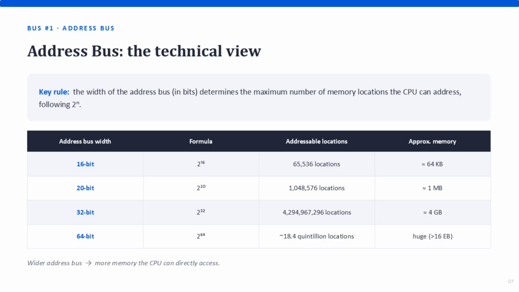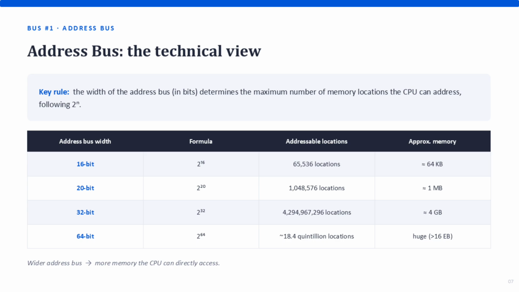Now, here is the key idea. Every address line can carry either a 0 or a 1. That means each line has two possible states. When multiple lines work together, the number of unique address combinations grows exponentially.